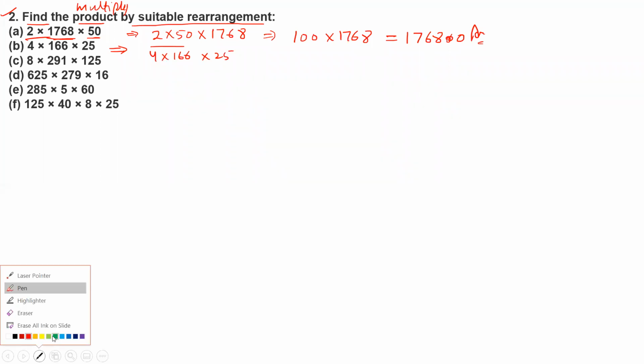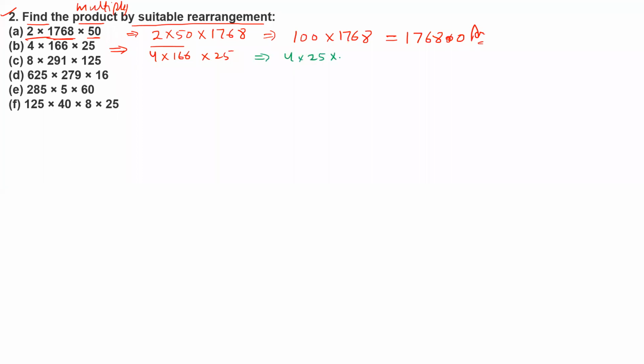How are you going to arrange them? So I'm going to write 4 into 25 into 166. Now 4 into 25 is what? 4 into 25 is 100. Okay, so 100 into 166. So the answer is 16600.